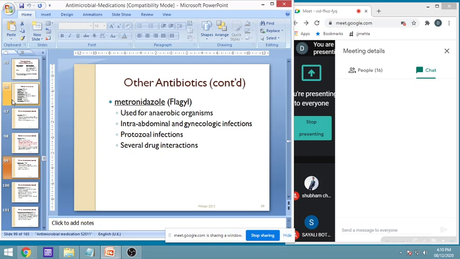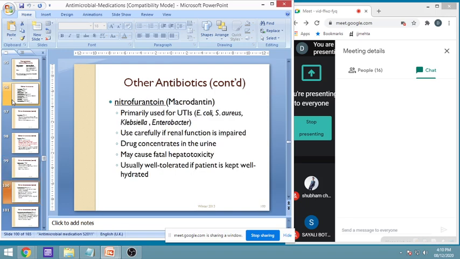So they are very good. Basically they are anti-protozoal agents, but it can cause several drug interactions. We shall see metronidazole separately when we see anti-protozoal or anti-amoebic drugs. At that time we shall see it typically.